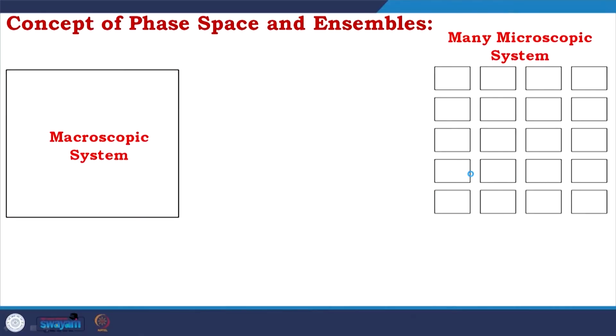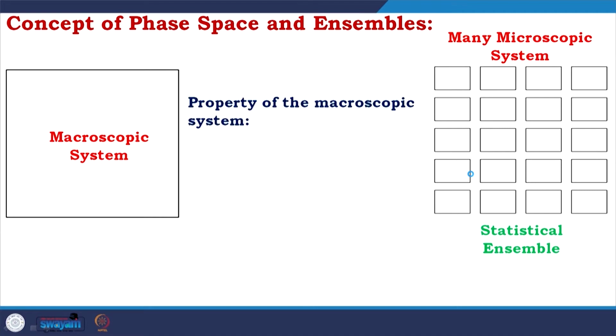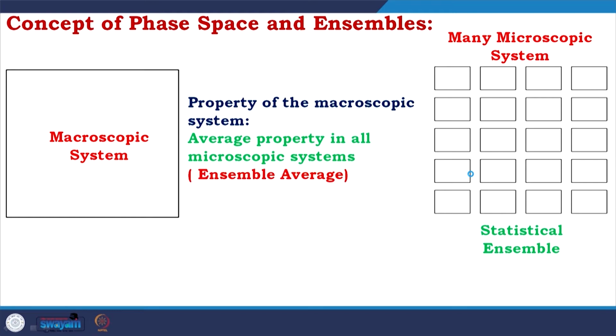So, a macroscopic system could be divided into many microscopic systems, and these are called a statistical ensemble. Now, the property of the macroscopic system is the average property over all the microscopic systems, which is called the ensemble average.